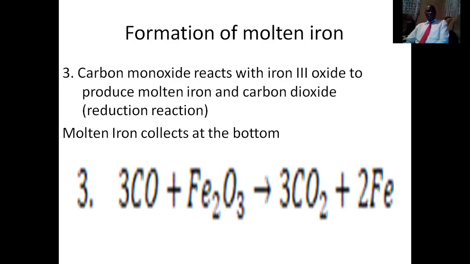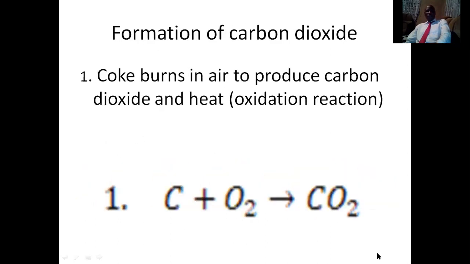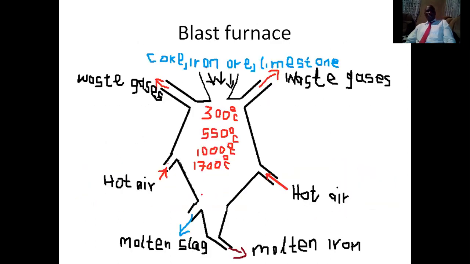This is also a reduction reaction because oxygen is removed from iron(III) oxide. The molten iron which is produced goes down, and because it is more dense than the slag, it will collect at the bottom and be collected through the pipe down there.